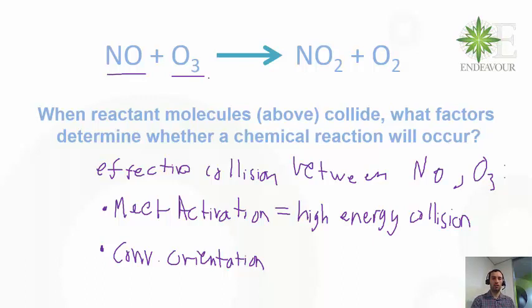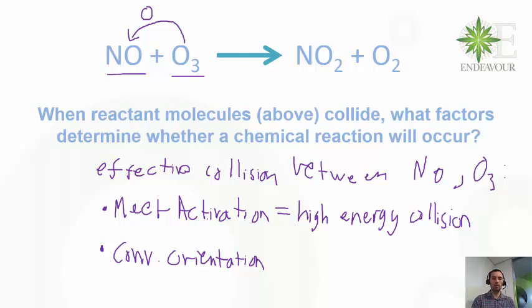So if you're really keen, you could have worked out the difference between the reactants and the products is that one of the oxygens is actually being taken off the O3 and is being transferred onto the NO. So that would mean that one of the oxygens would have to collide with the nitrogen, because the nitrogen is the component that would have to form the new bond to the oxygen.